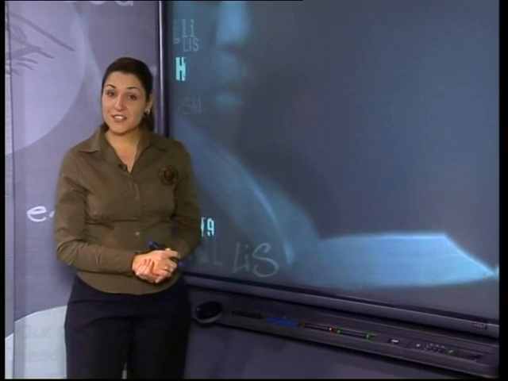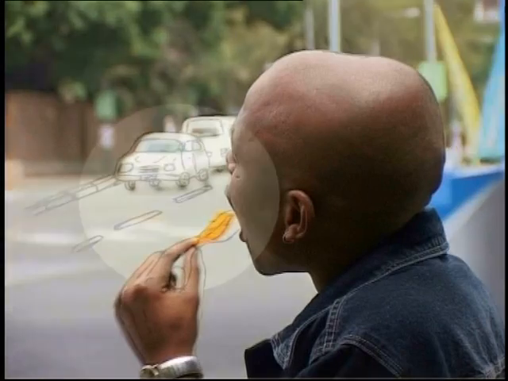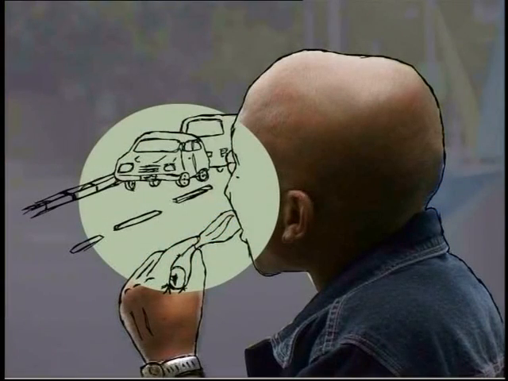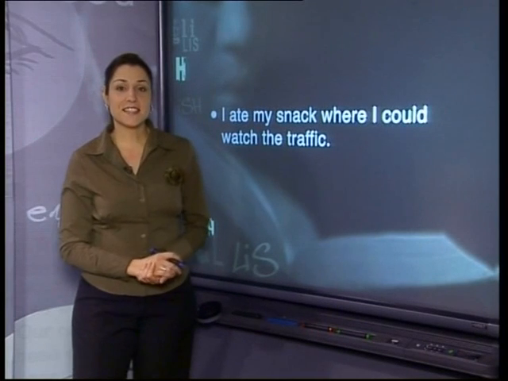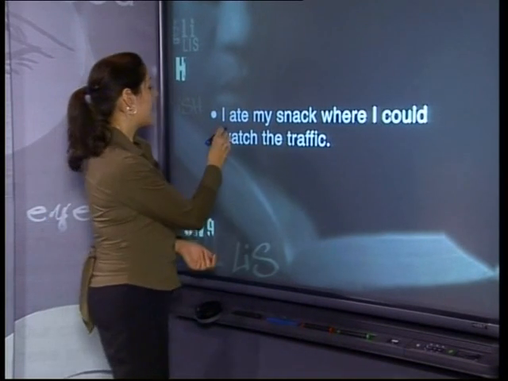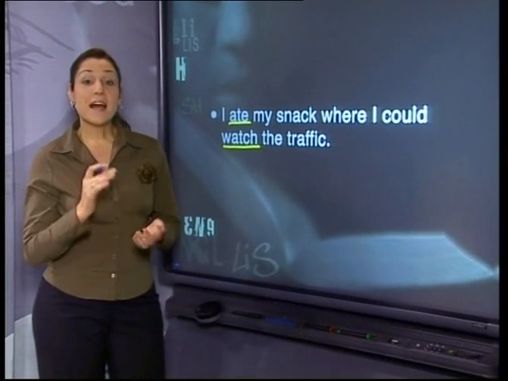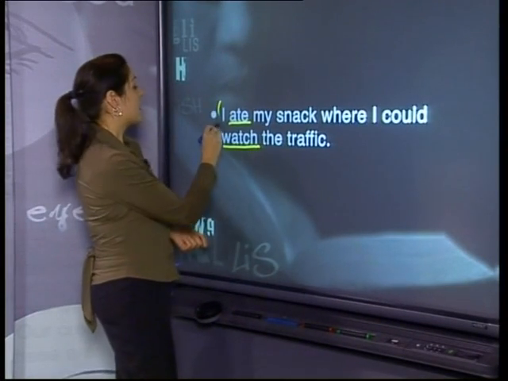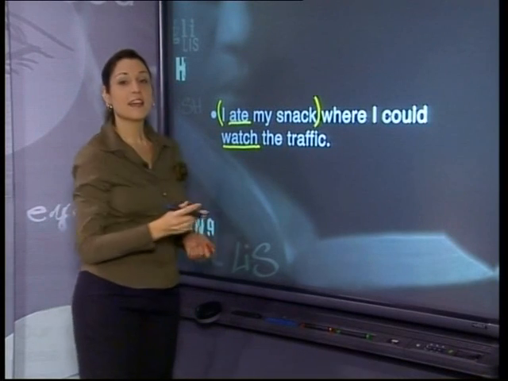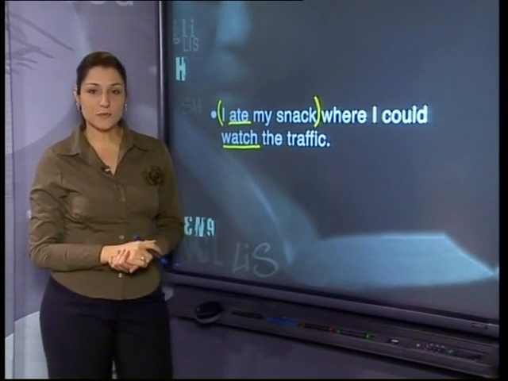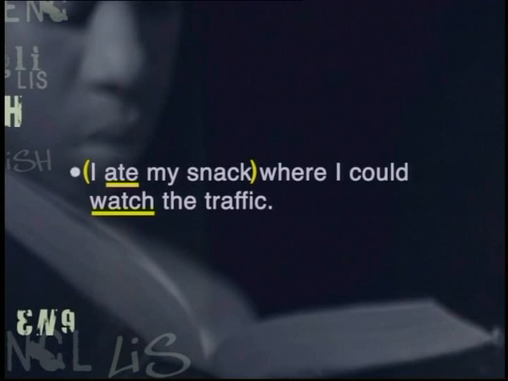Let's look at another example. I ate my snack where I could watch the traffic. In this sentence, the verbs are ate and watch. The main clause is I ate my snack, just as in our last example. Now let's work out what type of subordinate clause where I could watch the traffic is.